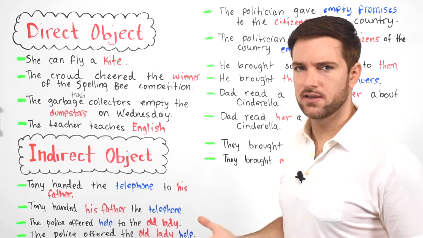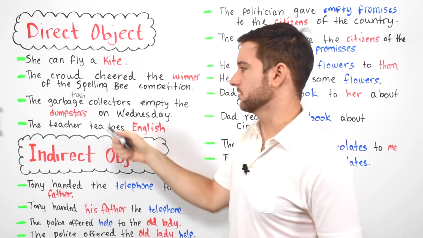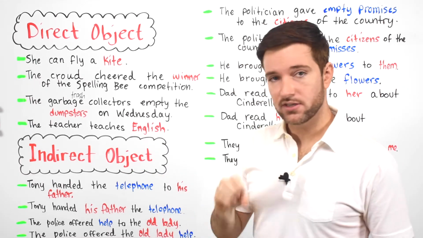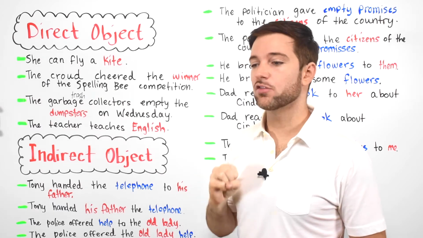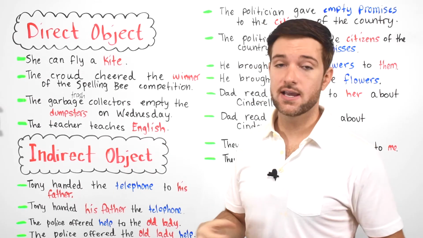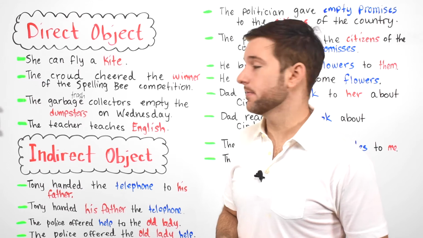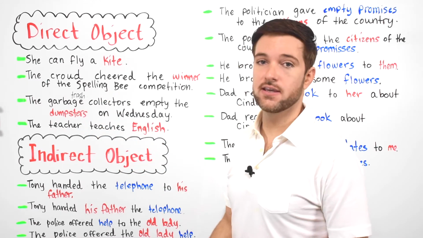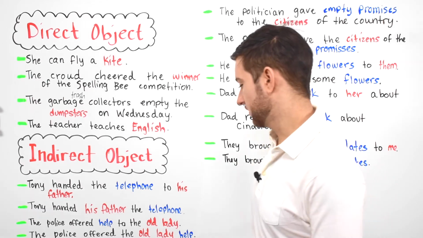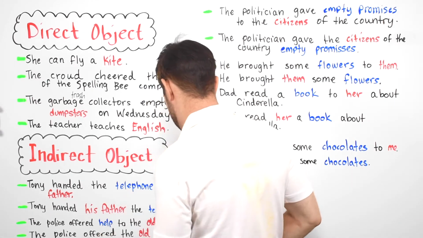I think mostly in the United States, most people say garbage collectors. But in terms of the things that you throw in the dumpster, we call it trash, okay? I throw trash in the dumpster. You could say I throw garbage in the dumpster as well, okay? You could say garbage, but I think trash, in that case, is more popular as a word. I hear it more, all right?